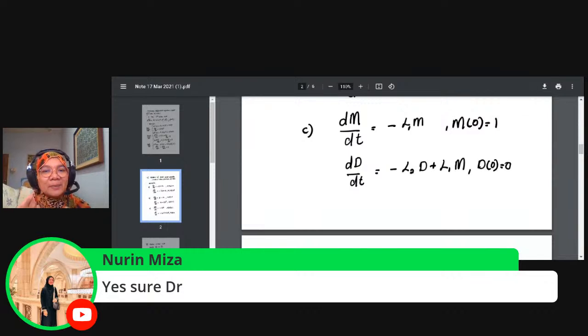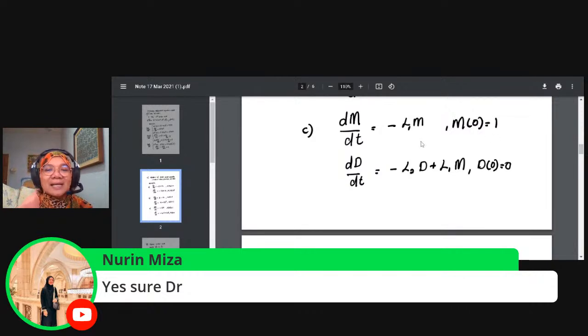So what happened? The muscle stress depends on t, equal to negative L1 M. So meaning that the muscle stress decreases and decreases. When the time is equal to 0, muscle stress equals 1, the starting point. When you start looking at me, the muscle stress around your eyes is equal to 1.